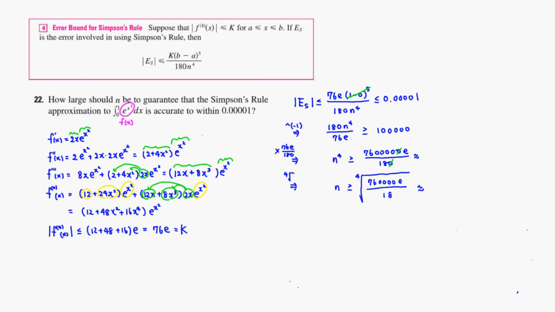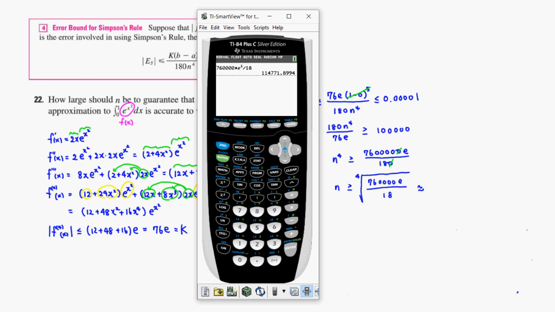Let me get that value instead. On the calculator, I already have that value, so what I can probably do is put parentheses, use the answer from before, and raise it to the 1/4 power, which is equivalent to the fourth root, and then hit enter.